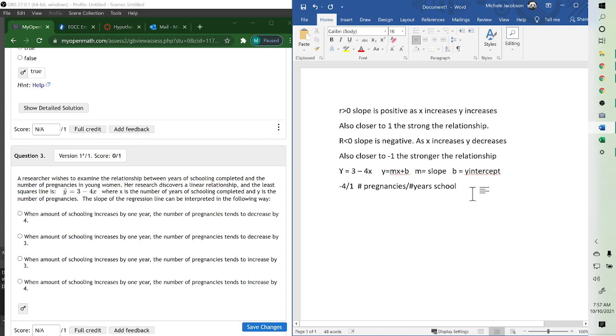Now when you're explaining the slope, you always look at the bottom one. Notice this is a 1, so each year of schooling, the number of pregnancies, because this is a negative, decreases by 4.